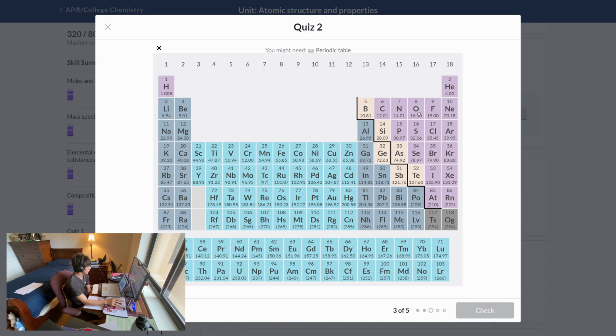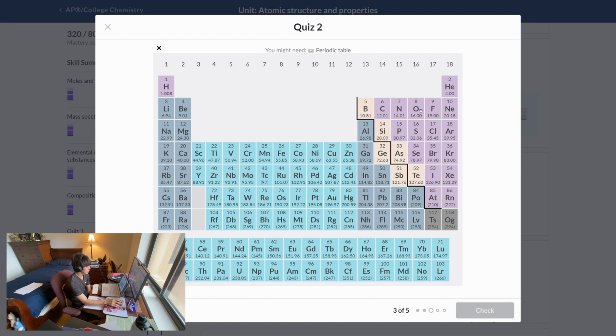Gallium, where's gallium? Right, gallium's here. So gallium and oxygen. Gallium has 13 valence electrons.